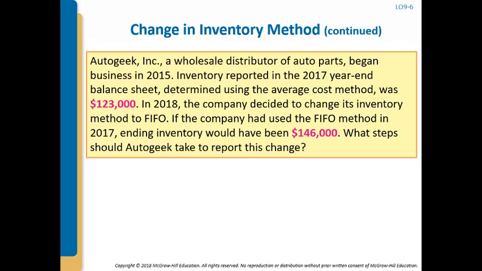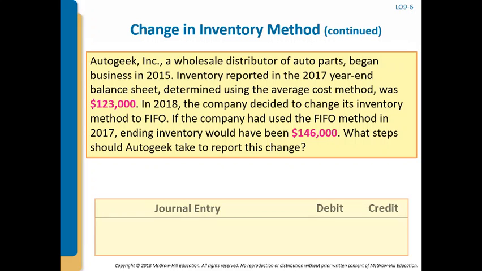Well, they've got to report a debit, let's see. So they're moving to, okay, so they've got to debit inventory for $23,000, and then they're going to have to make a prior period adjustment to retained earnings also for $23,000.